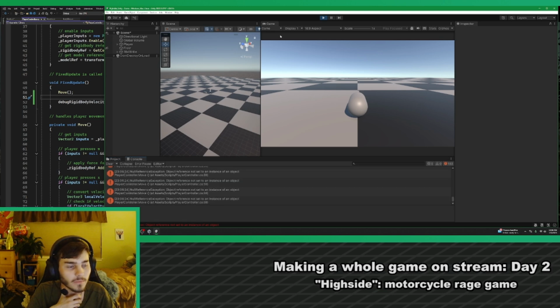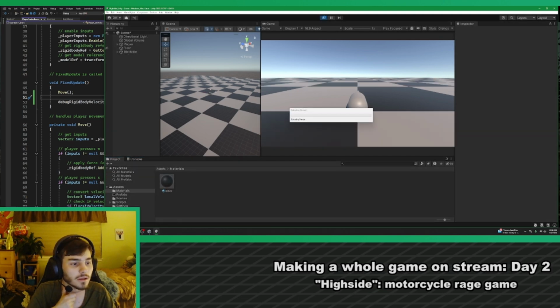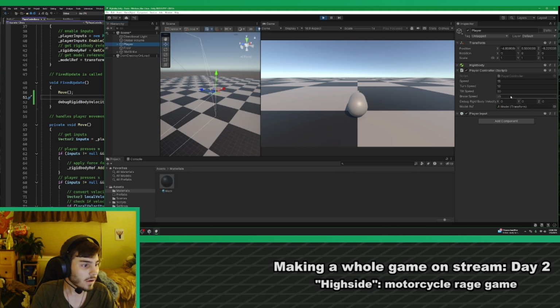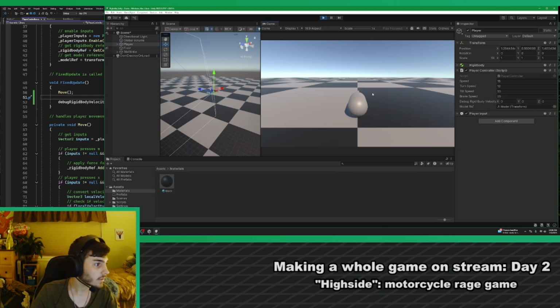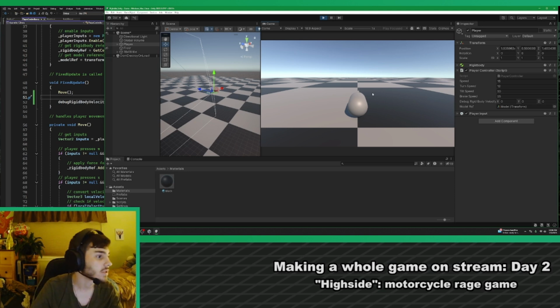What does that mean? Oh, I just haven't stopped it yet. Okay, so my velocity is 0, but my position is still changing because math.